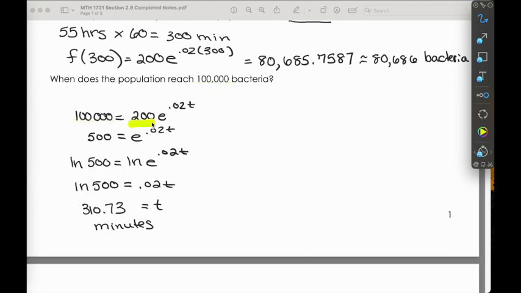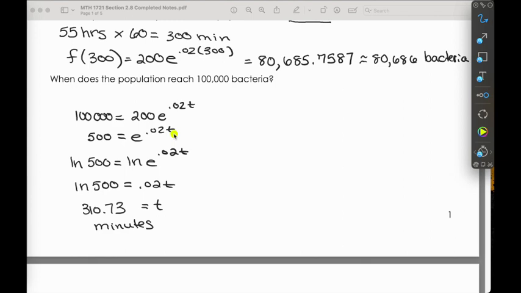And then our formula is 200e to the 0.02t, and so I have to solve this for t now. From here, I could take the log of both sides and go from there, which is totally fine. But it's much easier if you simplify first before you take the log of both sides. So I'm going to divide by 200 on each side first. Then that gives me 500 is equal to e to the 0.02t.